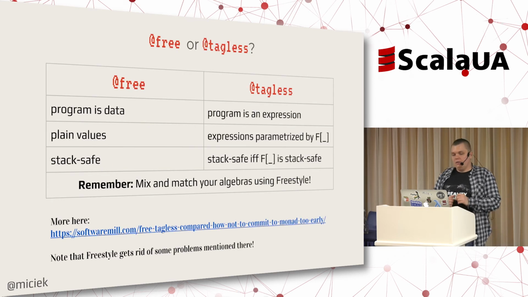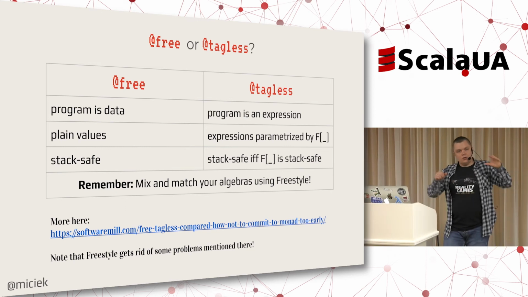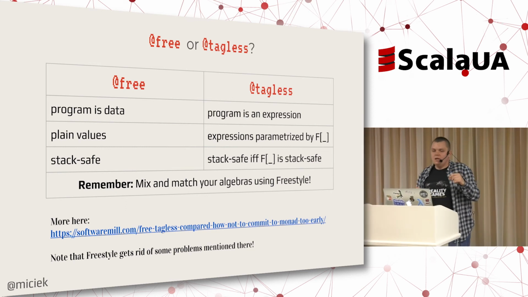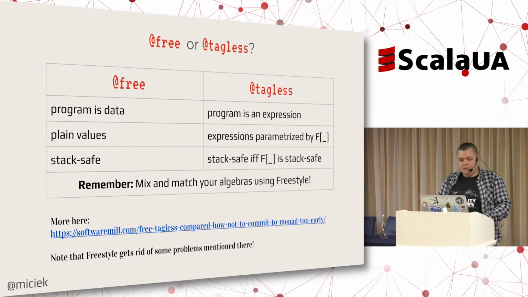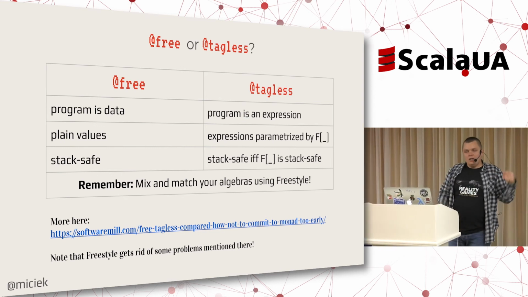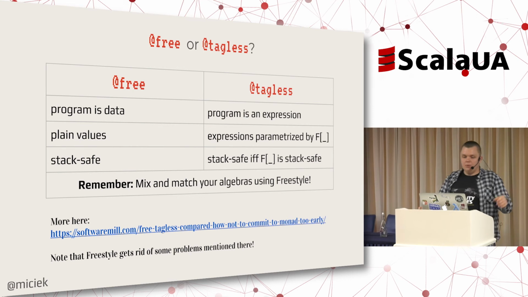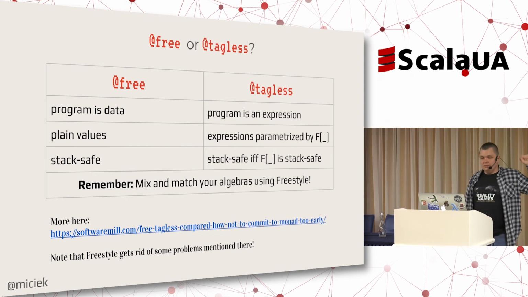This is an abstraction talk, the semantics kind of level talk, and if you are really concerned with these technical things like why should we use free, why should we use tagless and not the other one, I encourage you to look at this blog post by Adam Warski, who really compares those two approaches, and the snapshot of the summary table he provides is here.